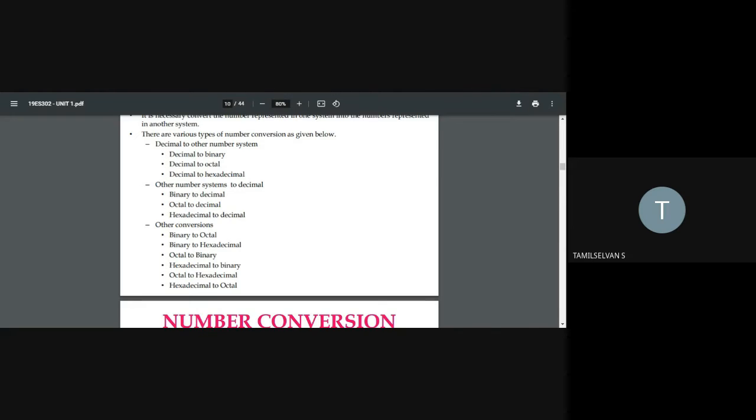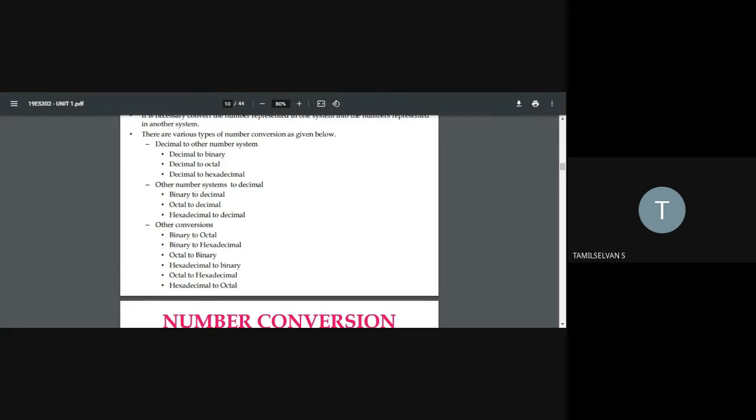Octal to hexadecimal and hexadecimal to octal conversions are called the indirect methodology. Why? Because we can't directly convert octal to hexadecimal or hexadecimal to octal. There is no direct conversion here.